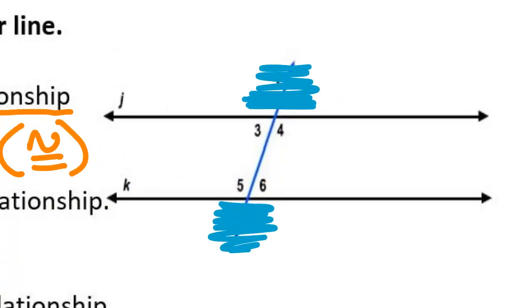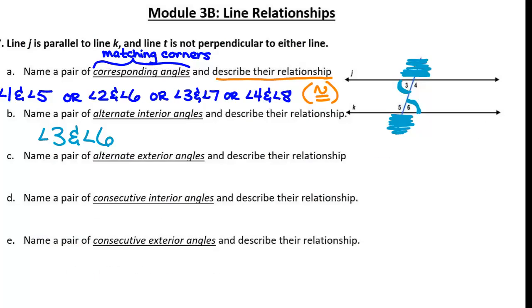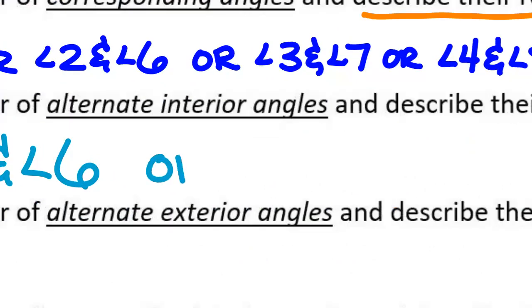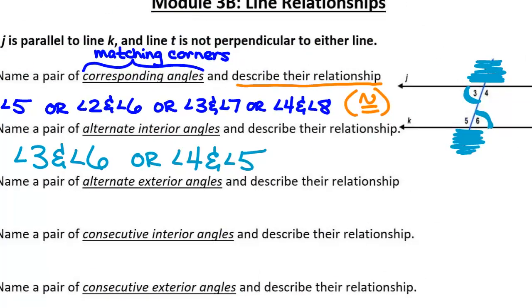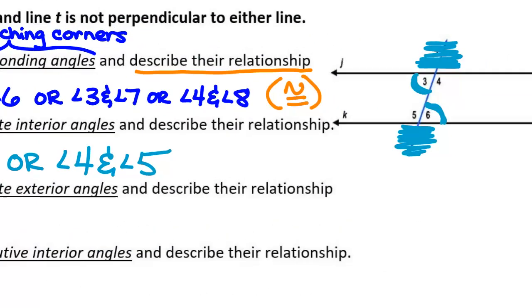Alternate interior angles need to touch the 2 different parallel lines, and they need to be on opposite sides of the transversal. What would be another pair of alternate interior angles? 4 and 5. What is the relationship between alternate interior angles? They are congruent.